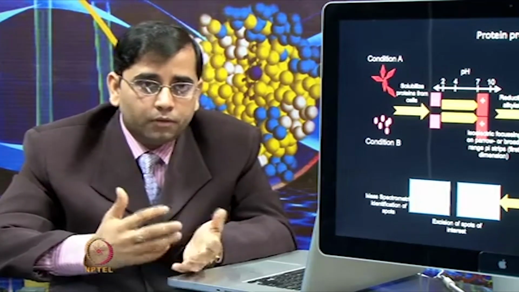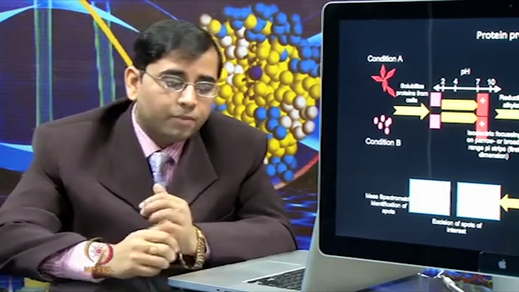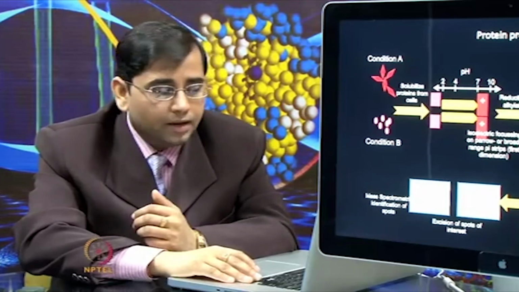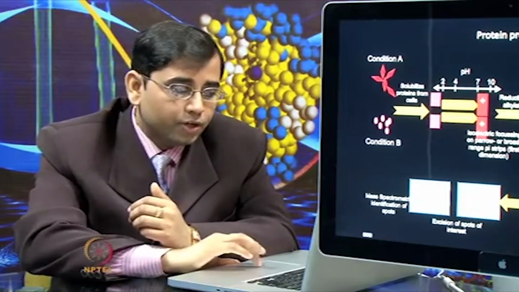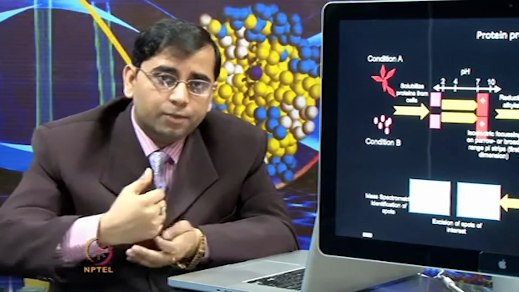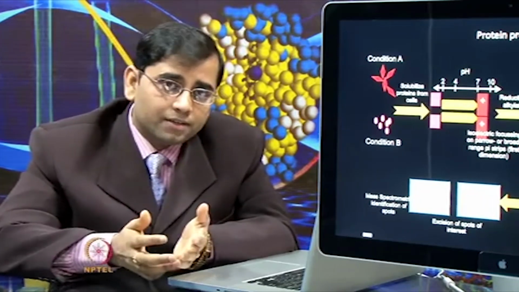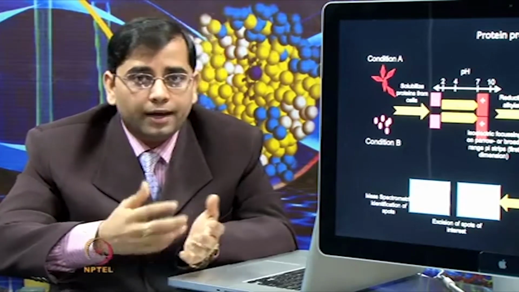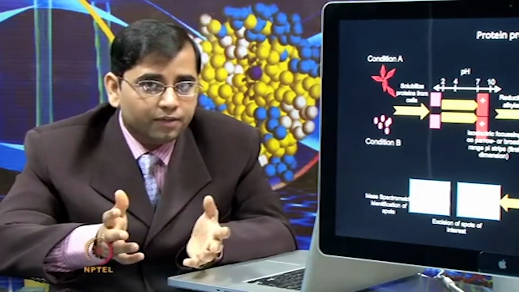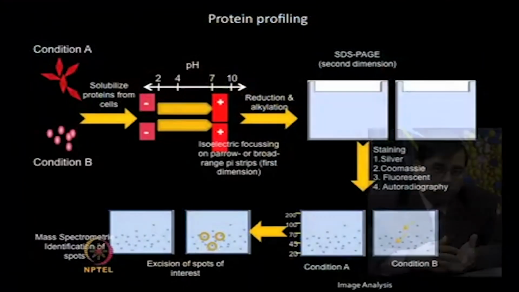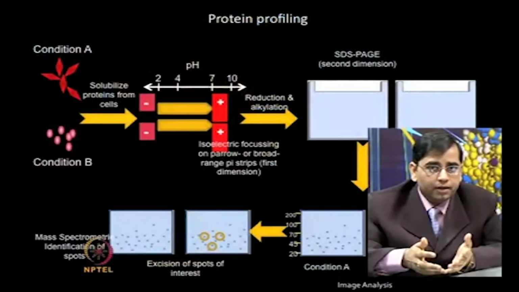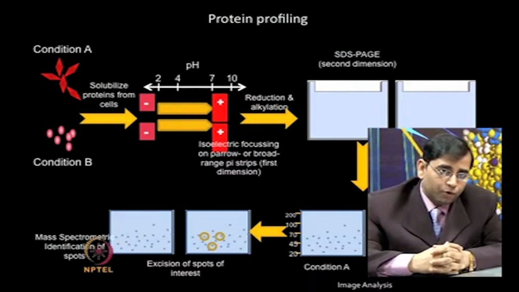Now, one can compare these images from condition A to condition B, and if there are some proteins which are different in their expression, those can be the proteins of your interest. One needs to analyze that from different gels, different replicates, both technical and biological, and then obtain the statistical information for these spots.